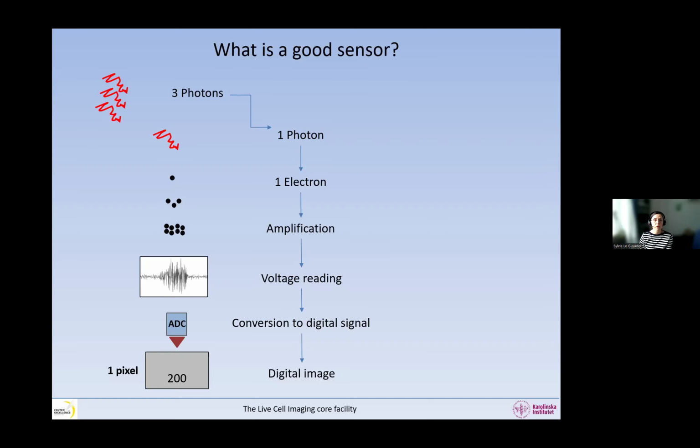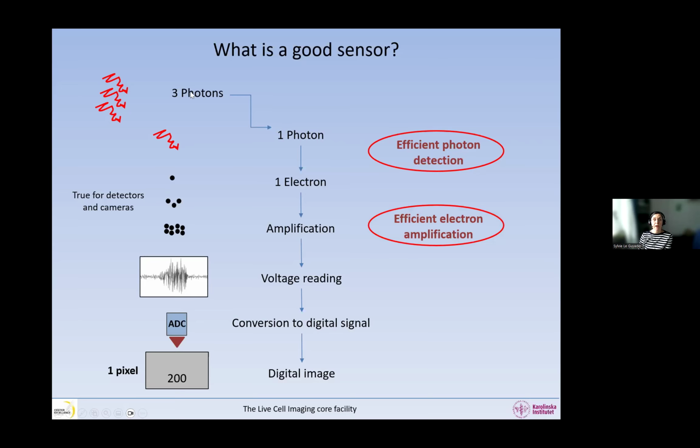So what can go wrong or right, and what do we want in this process? This is true for cameras and detectors. The number one thing that we want is for the sensor to efficiently detect the incoming photons. So if we have 3 photons here, ideally we would like the sensor to detect 3 photons here.